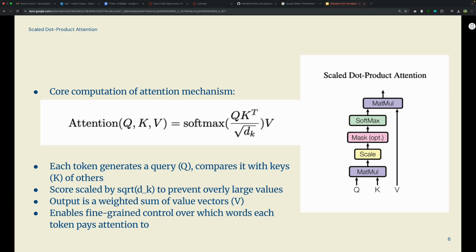Mathematically, this entire operation can be expressed by the formulas shown in the slide. This compact formula summarizes how self-attention integrates global context efficiently and effectively.